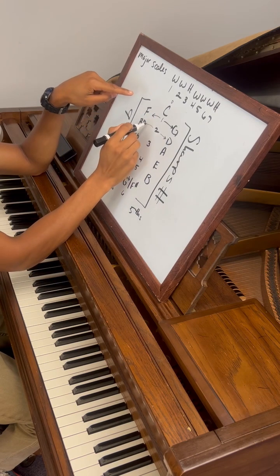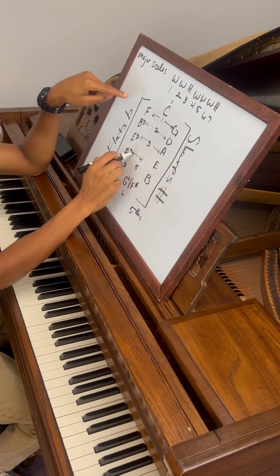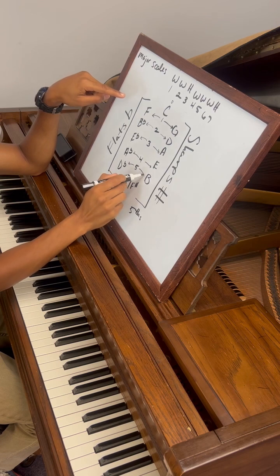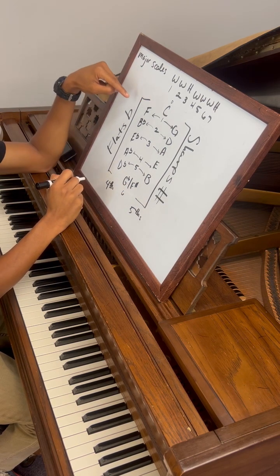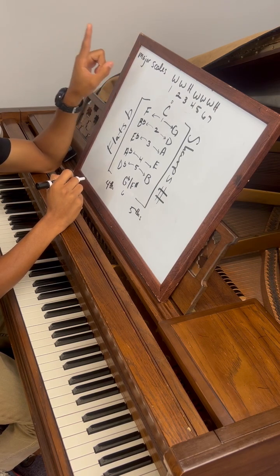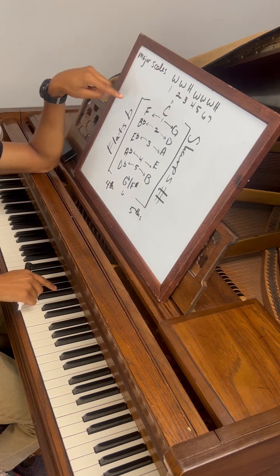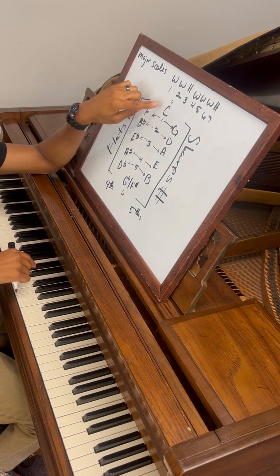Now, depending on the side that the key is in, will tell us whether there are sharps or flats in it. So in this case, we're in the key of F, and it's on the flat side. It means that there is one flat note, or in this case, one black key, that we're going to play in that scale. Otherwise, that scale looks a lot like the key of C.